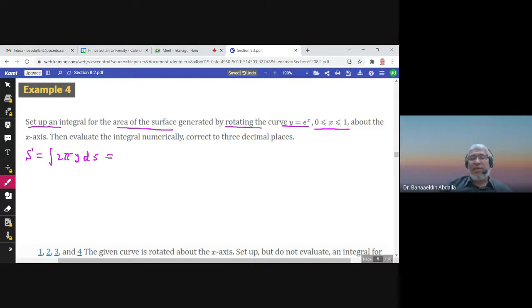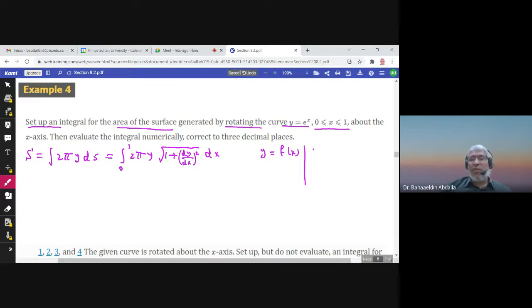And x here is given from 0 to 1, so ds will be written in terms of dx. So I'll have here dy by dx squared, and I need in this case y to be a function of x, and it is already given as a function of x.